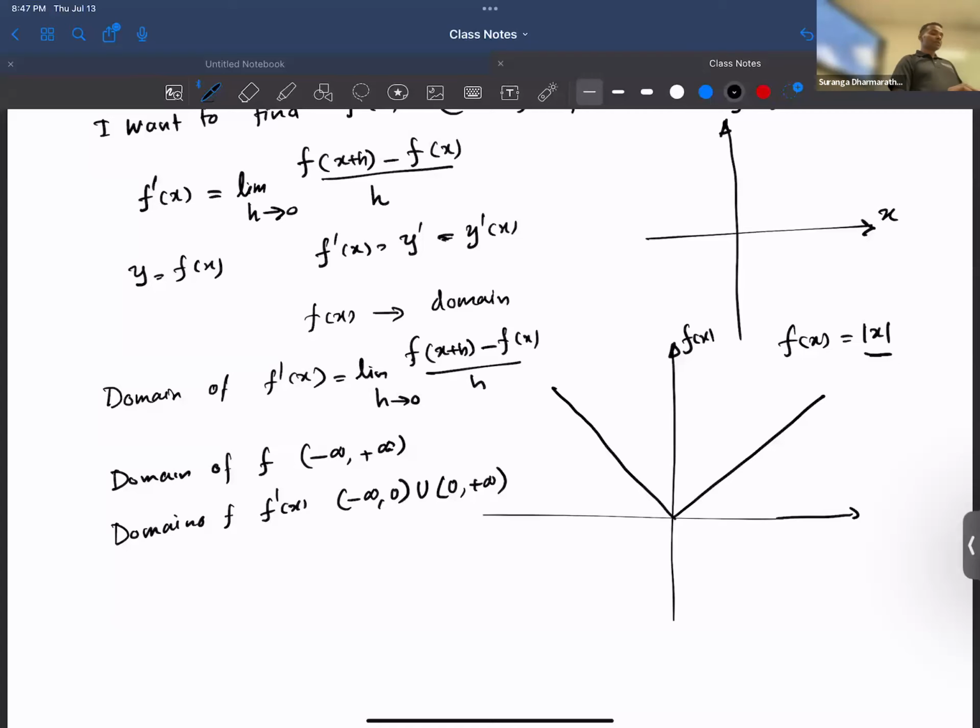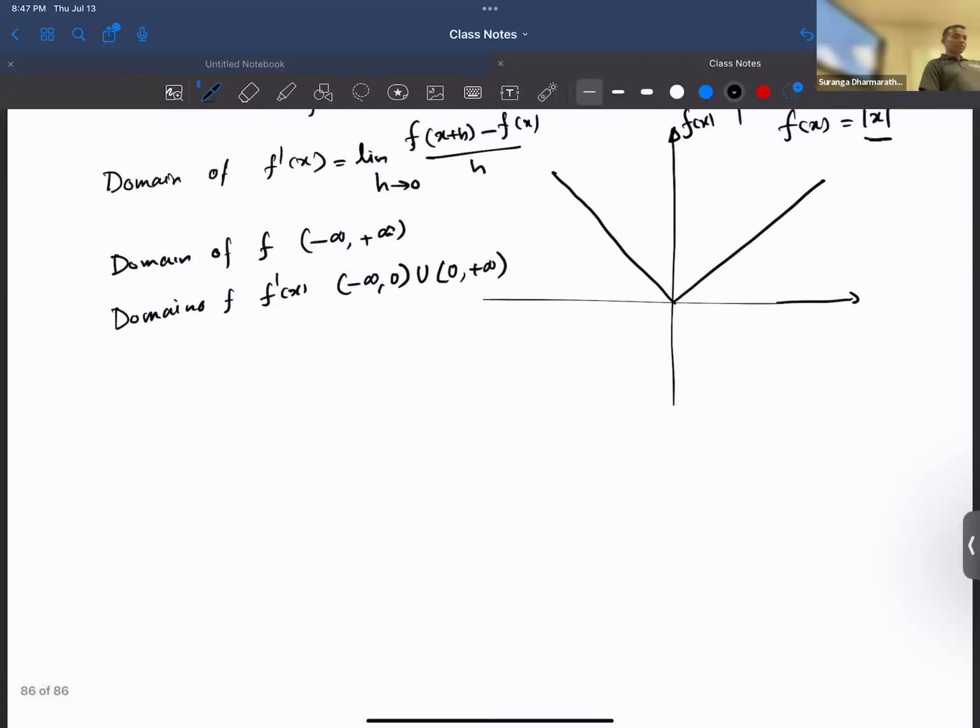Sometimes we say that f is differentiable on AB.